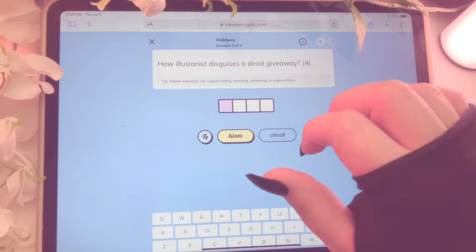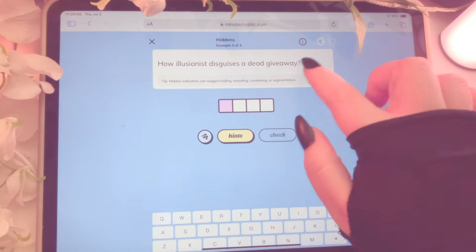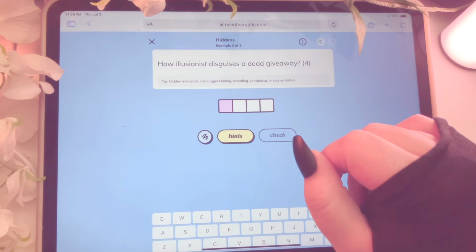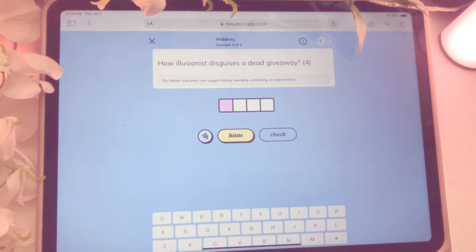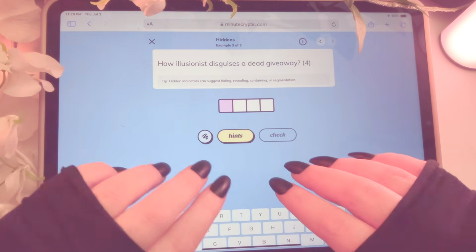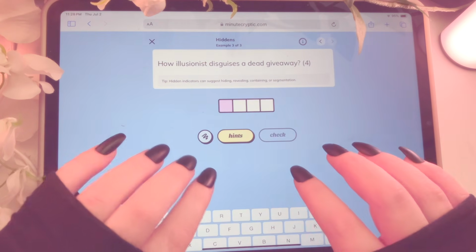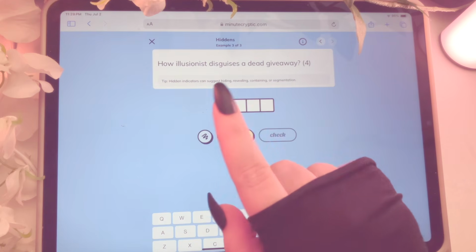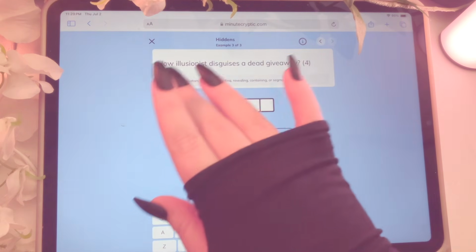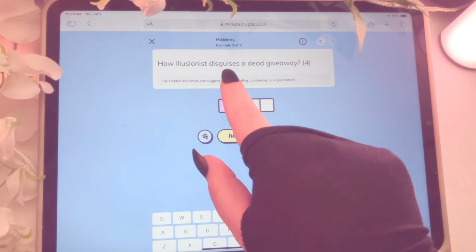"How illusionist disguises a dead giveaway." And it's for the, oh my gosh, I saw it already. Okay, good. I love these ones because they sometimes just click really fast. I believe the hidden word indicator here is "disguises."